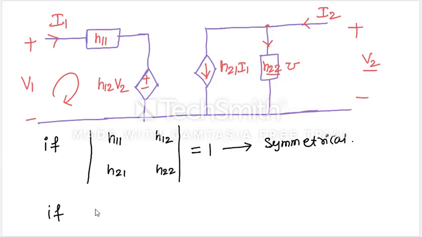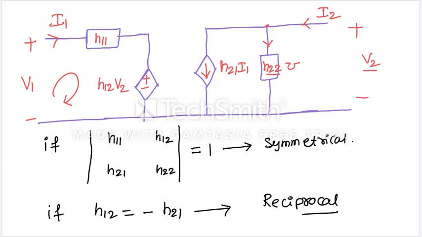Next, if H12 is equal to minus H21, then we call the network reciprocal. So the determinant equal to 1 is for symmetrical and H12 equal to minus H21 is for reciprocal.